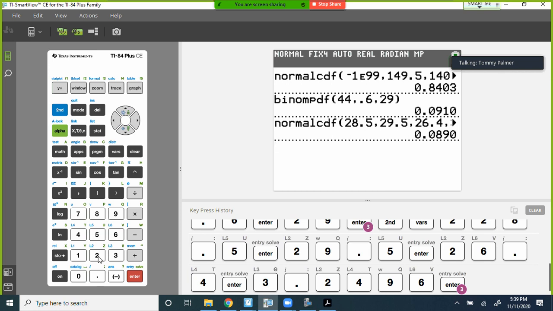The next question they ask is, what is the difference between the two probabilities? I'm just going to highlight it.